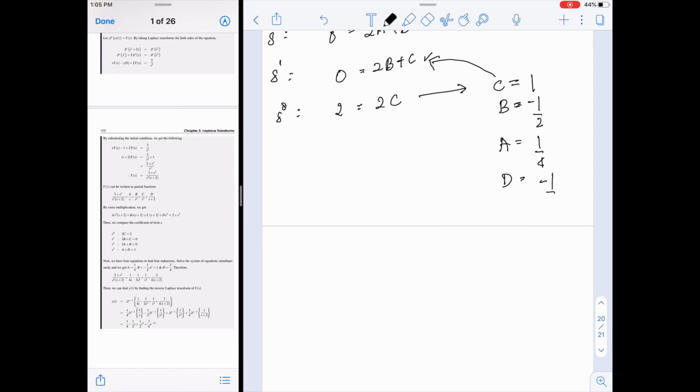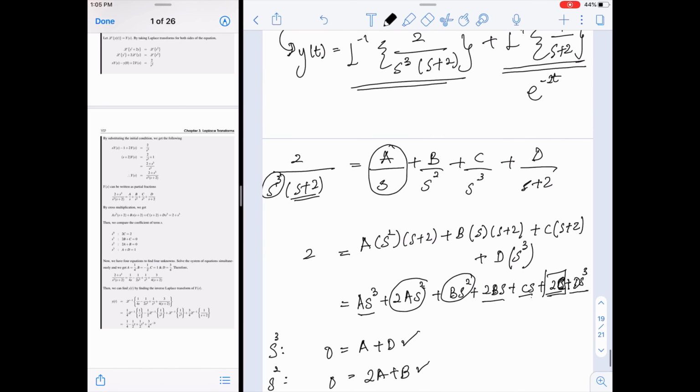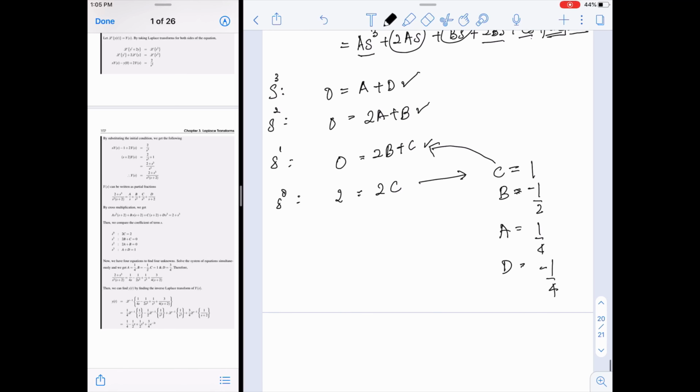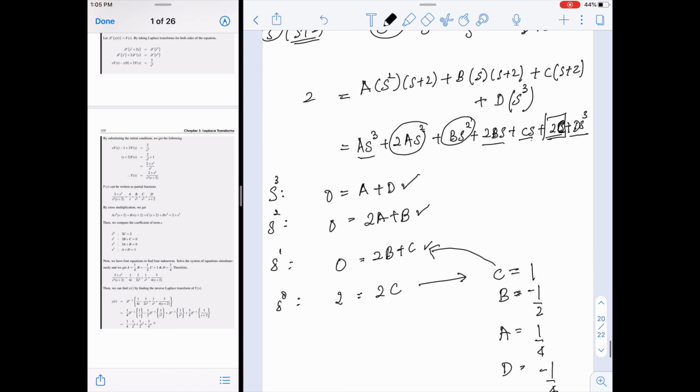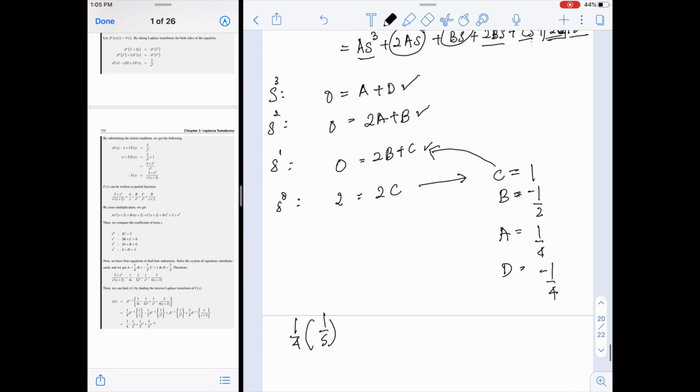Now you replace back into your partial fraction form, where A is 1 over 4, so you get 1 over 4 times 1 over s.